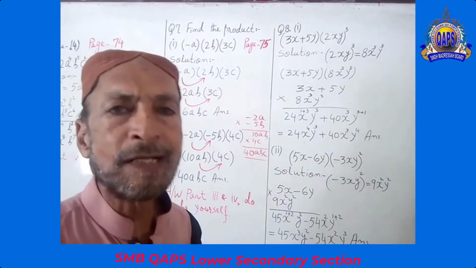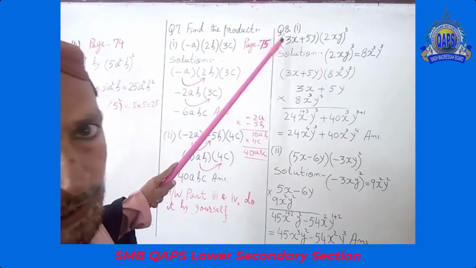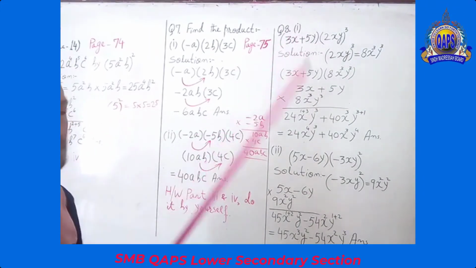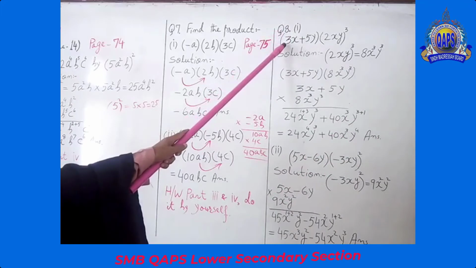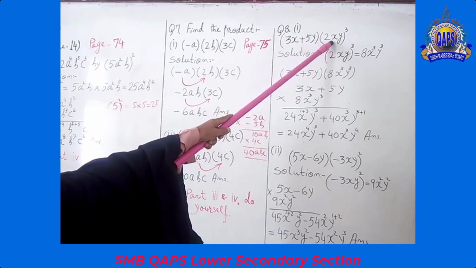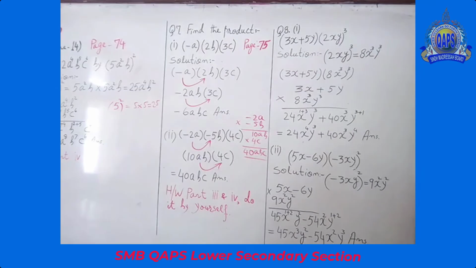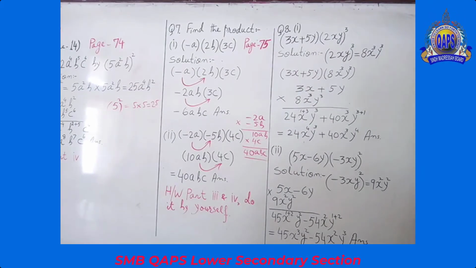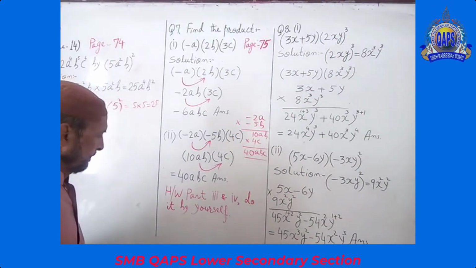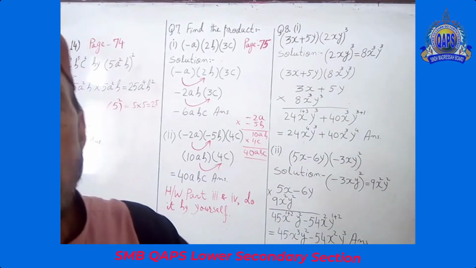Now, I am coming to the next question. Question number 8, part number 1. 3x plus 5y into 2xy cube. That's whole cube. It means, first of all, you will have to find what cube means. Let me tell you how you will do it.